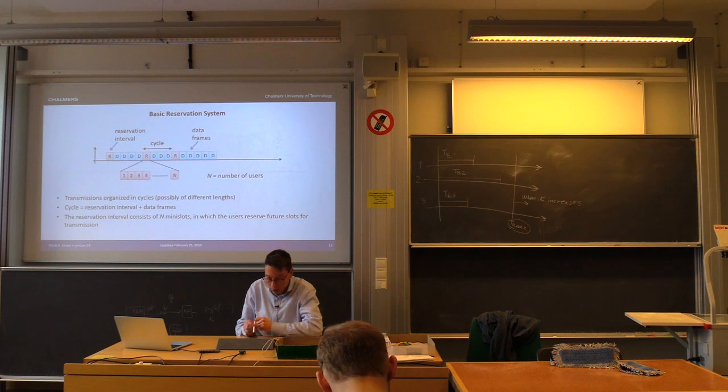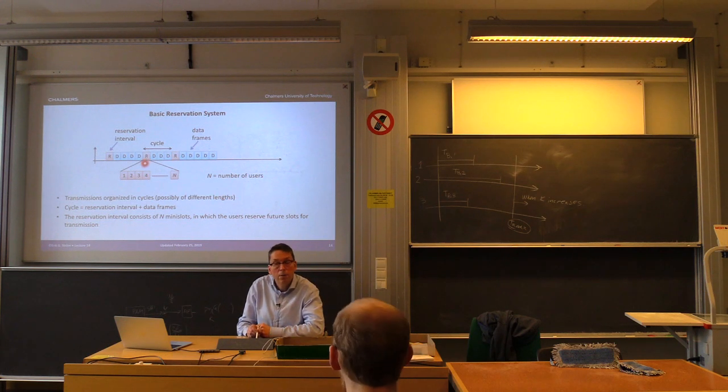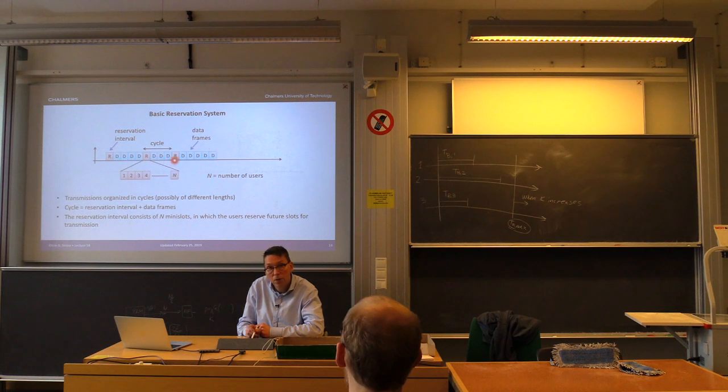And a cycle, if we take the cycle here in the middle, it starts with this peach reservation time, and then there is a couple of data frames. So there are 3 blue data frames after this reservation. Then there is another reservation time, and then it happens to be 1, 2, 3, 4, 5 data frames after that. And then there is another reservation and so forth.